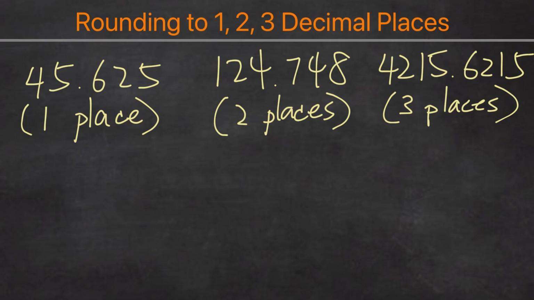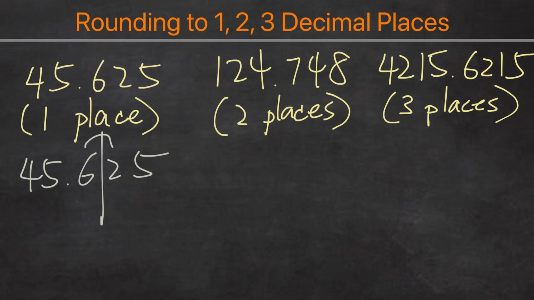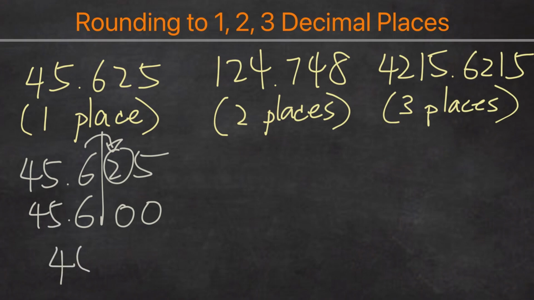Okay, I'm back. So for the first question, 45.625, we're rounding to 1 place. Looking at the number to the right, this would be 4 or less, let it rest. So it will be 0, and we would leave 6 as it is. So the answer is 45.6.